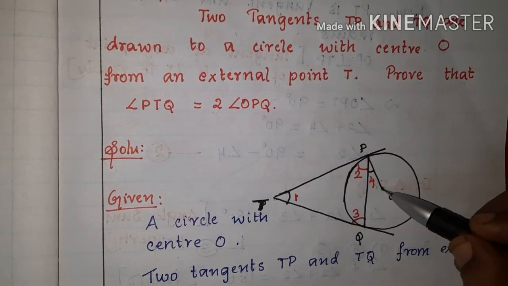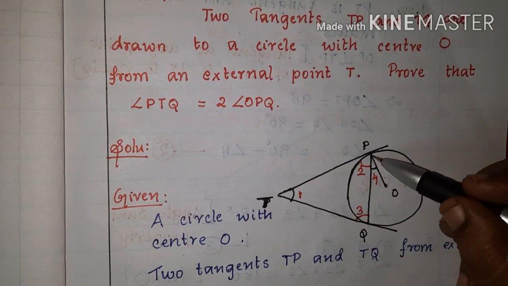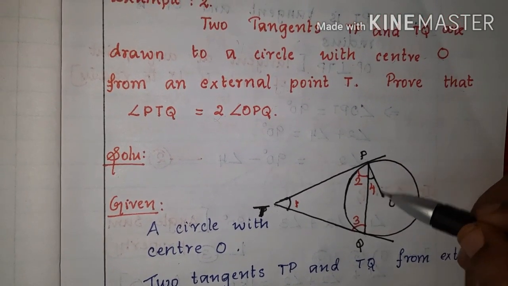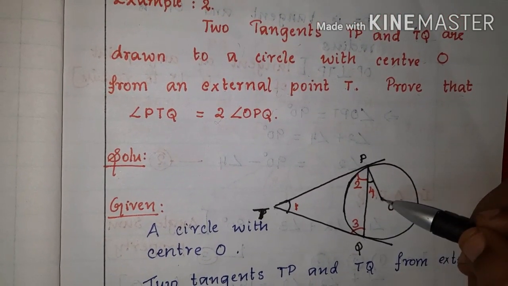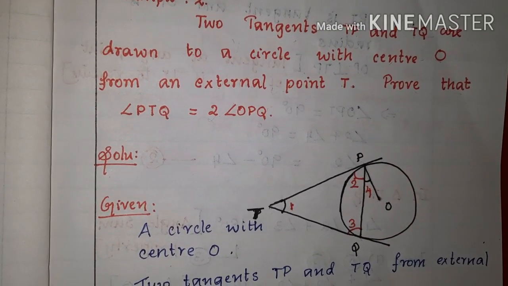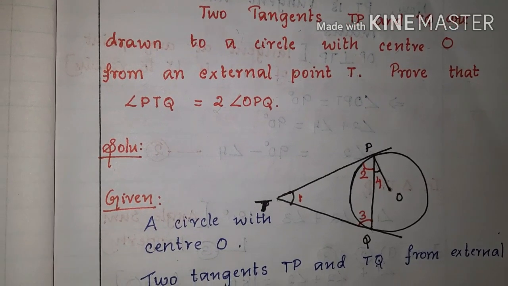So from O, you are going to draw a line to P and extend it here, OPQ. So you are going to join P and Q also like this. Got it? See.